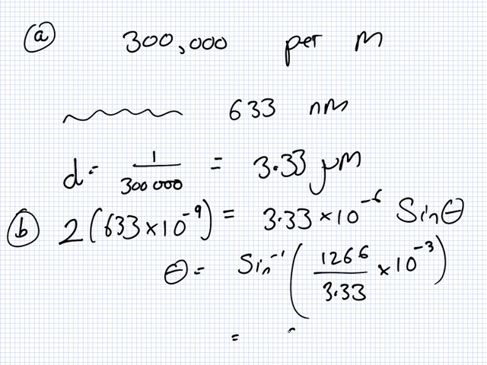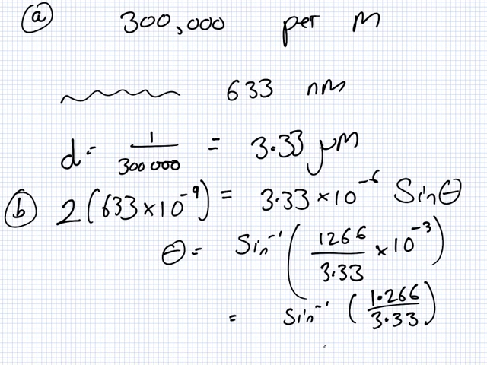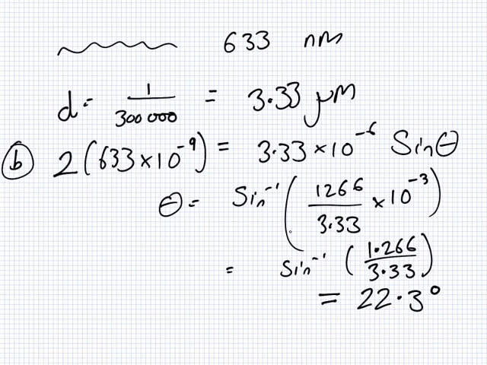So it's whatever sine inverse of 1.266 over 3.33 is. What is that? Could you work that out for me, please? 22.3 degrees. Okay, C.